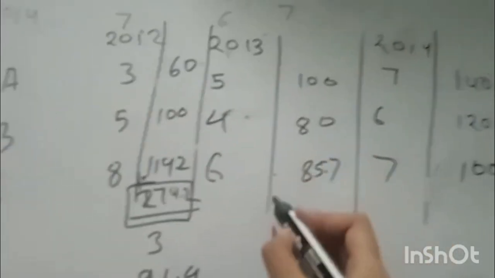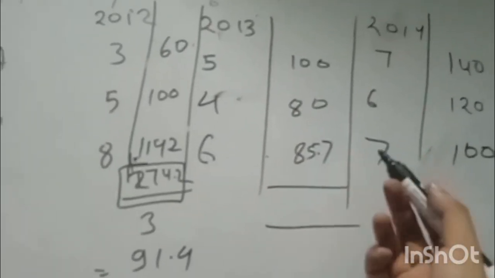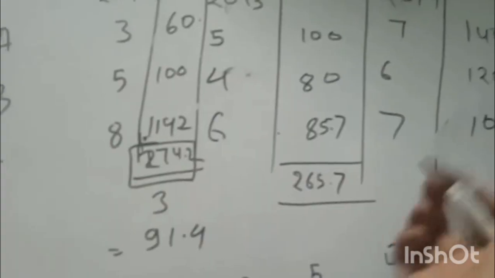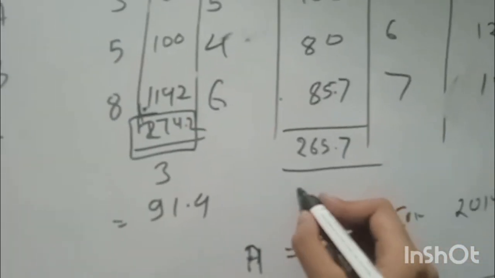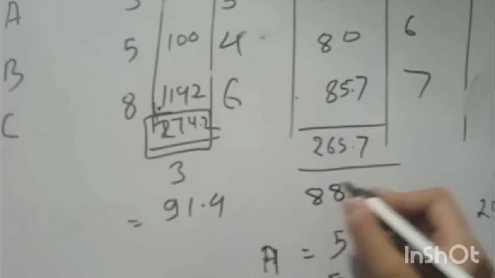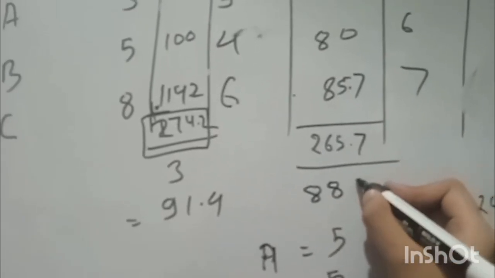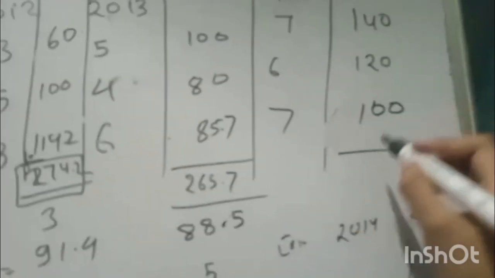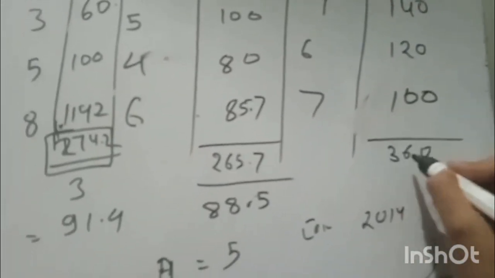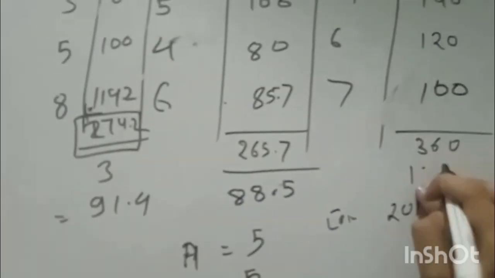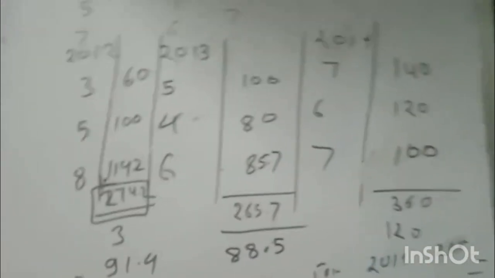Now do the same for here, 265.7 divided by 3, it will be around 88.5. And for here I think it will be simple, 360 divided by 3 is 120. Okay, so here we go.